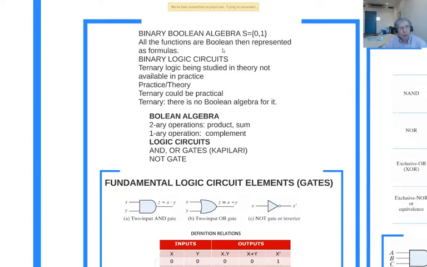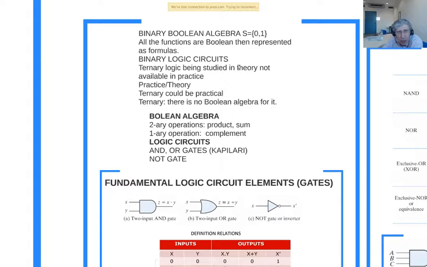In Boolean algebra, we defined our algebra on the set S, which includes 0 and 1 only. That means all the functions that we can define on this set are going to be Boolean functions.